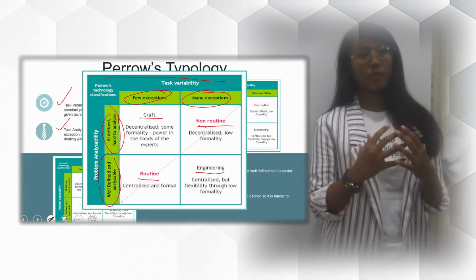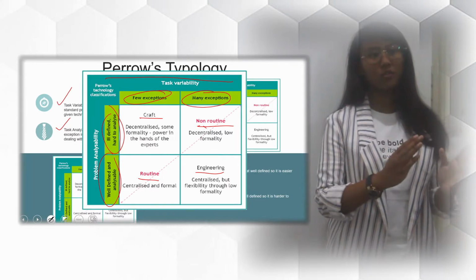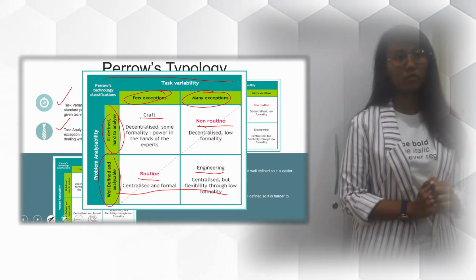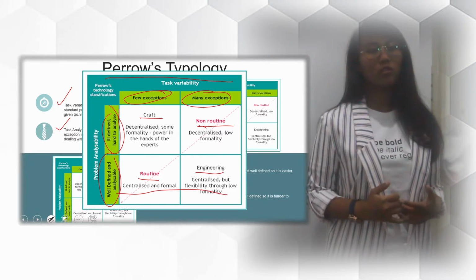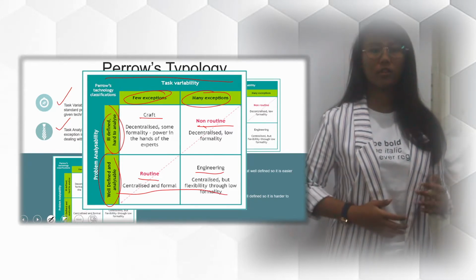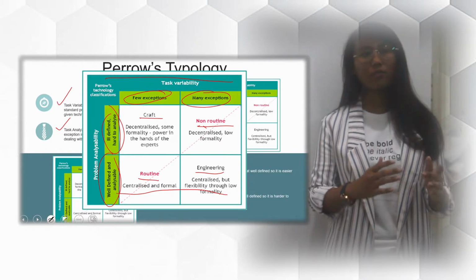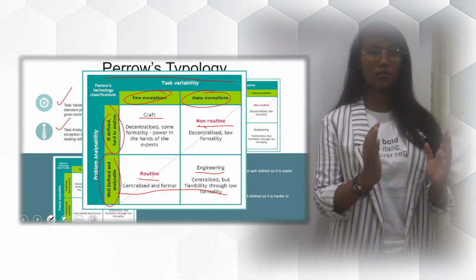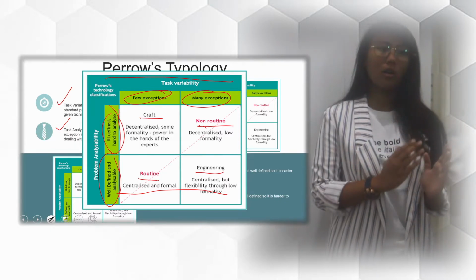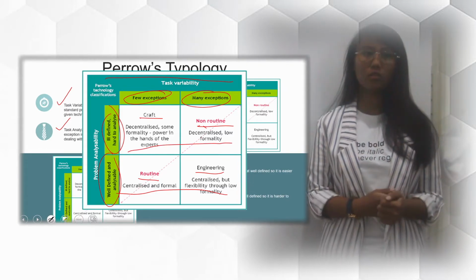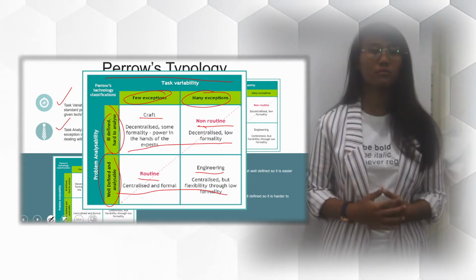Routine and engineering are both in the well-defined and analyzable category, so they use more logic and are more systematic. Craft and non-routine are ill-defined and hard to analyze because they use intuition and also experience.